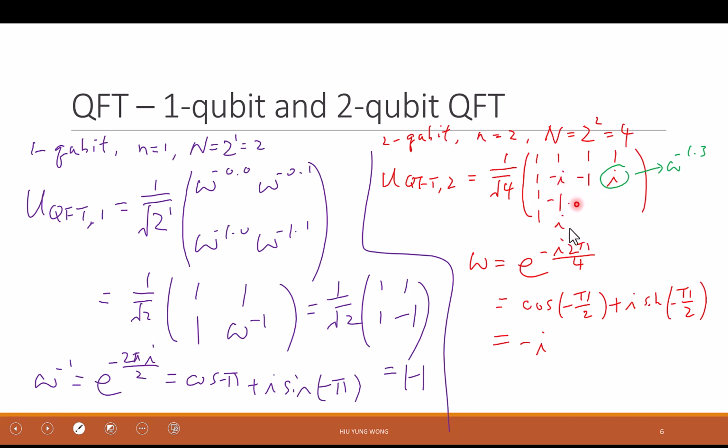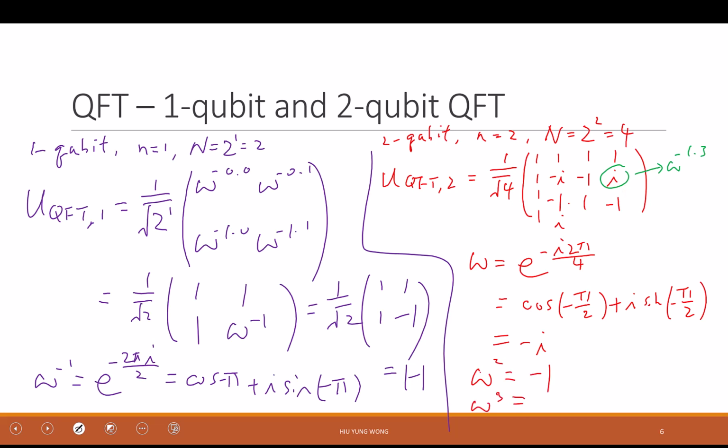From here to here is omega square. Okay, so what is omega square? We already know that it is negative 1, right? So negative 1 times negative 1 is going to give us 1. You're going to multiply this one by omega square, and then multiply by omega square again is negative 1, right?